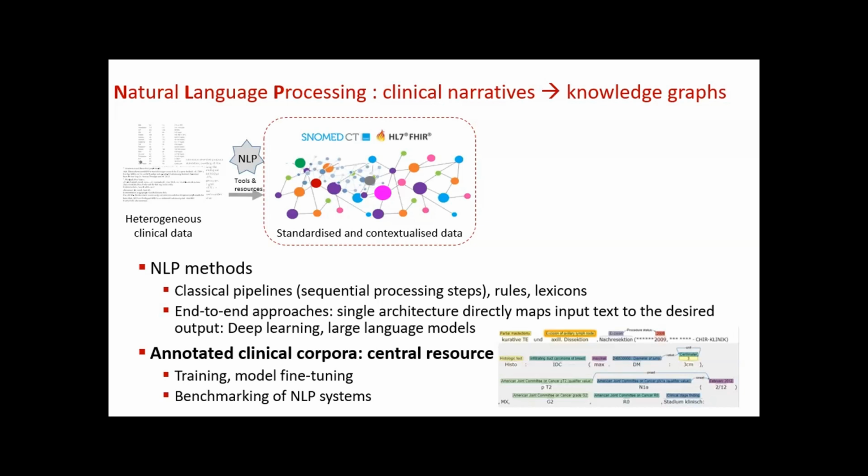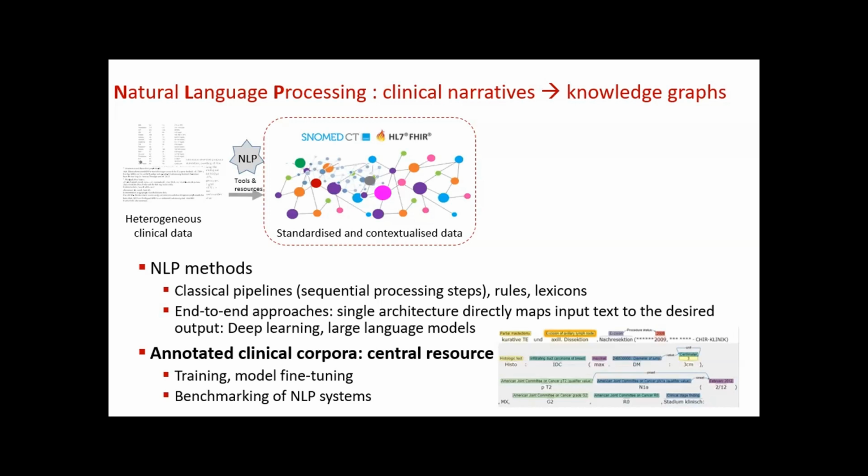But it's important to distinguish between the classical pipelines, which do sequential processing of different aspects of human language, which then end up in an output which ideally normalizes terms by codes and creates relations between these codes.